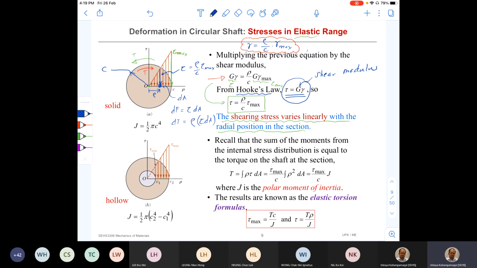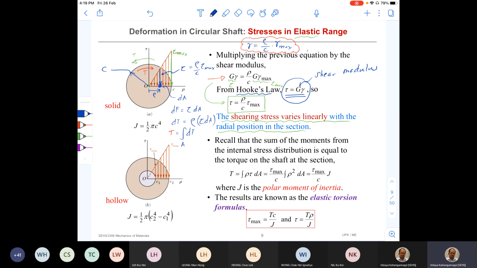So if I want to find the T that I marked in red color inside, that is the resistive torque, that T should be equal to the summation, or integration, of dT over the whole area.